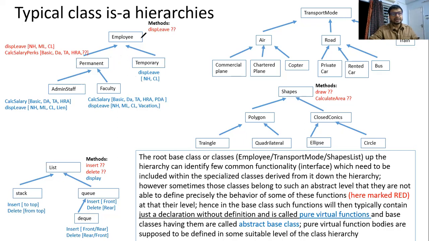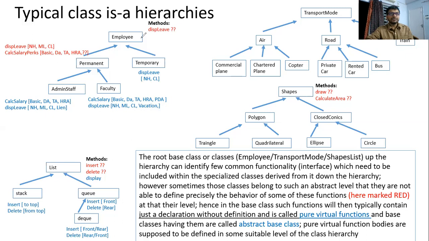Here we see that employee is a class, but when we say that in an organization we have employees, it becomes very vague. If you look into the set of employees, in a broad sense you can clearly distinguish between permanent employees and temporary employees.